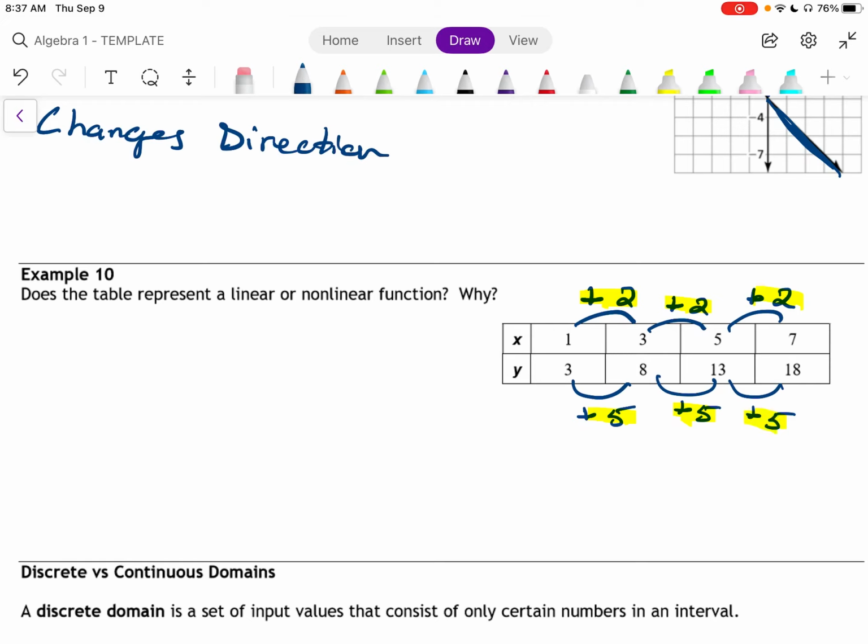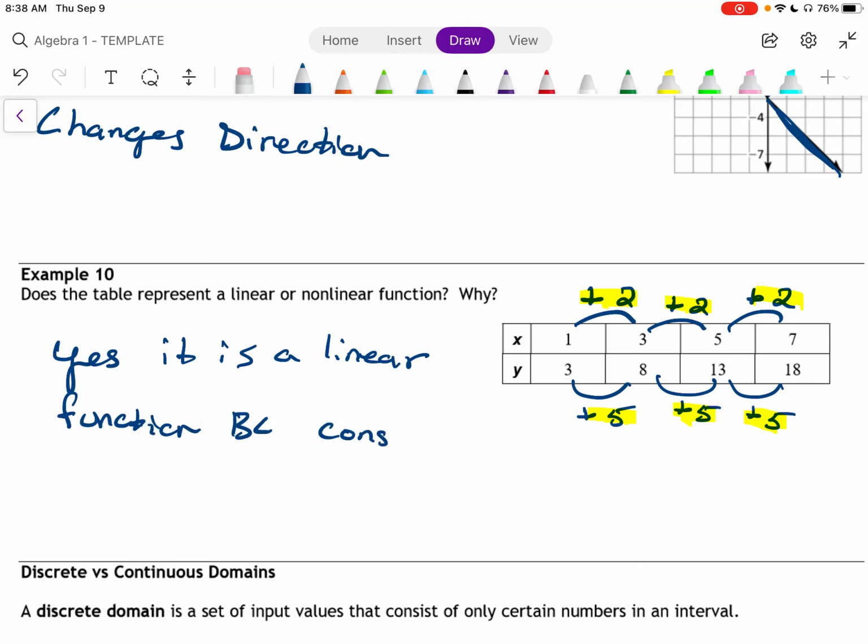So yes, it is a linear function, F-U-N-C-T-I-O-N, because constant rate of change. ROC is rate of change.